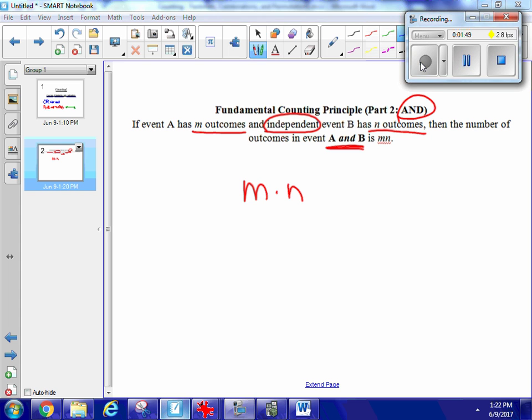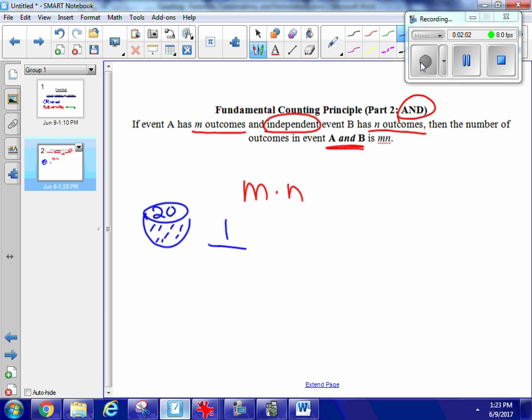I did kind of a simple example of this for you in a slightly earlier lesson, where I was talking about the magic bowl, and I have all the different sticks with people's names on them, and let's say that there's 20 students. So the chance of you being called, event A, is 1 out of 20. Then I put your name back in, and you get another stick. Now the bowl has 20 sticks, and I want to know, what are the chances I'm going to pull your name a second time right in a row?